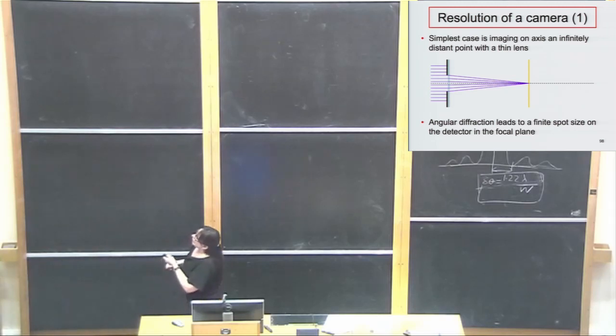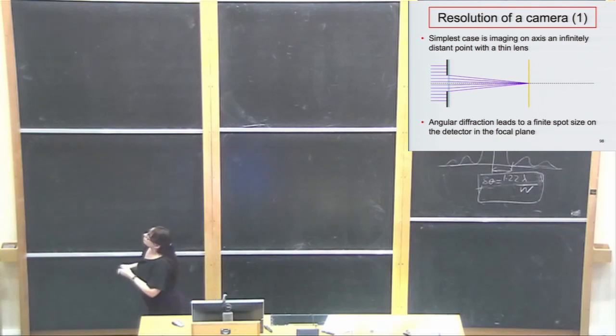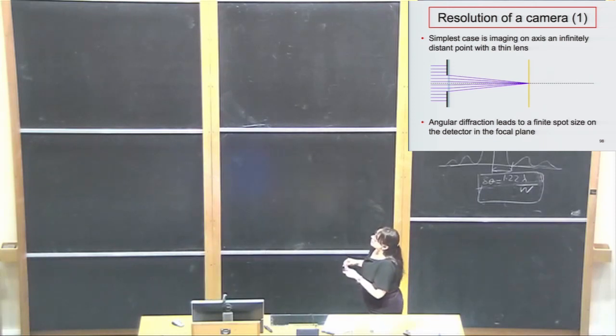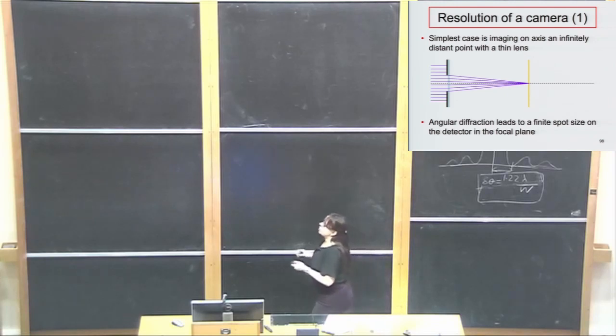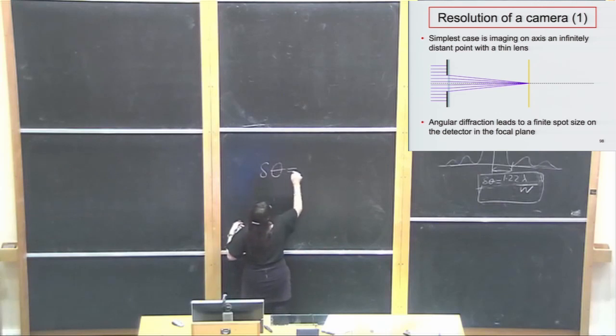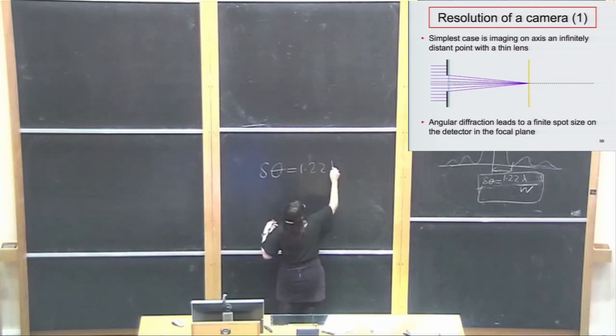But we're modelling a finite width lens, so we've put this aperture in front of it of width w, and that is going to cause these diffractive effects, so we're going to get some angular broadening. So here we're not going to see an infinitesimal spot, we're going to see some small spot of some finite size, and in particular of angular width this.